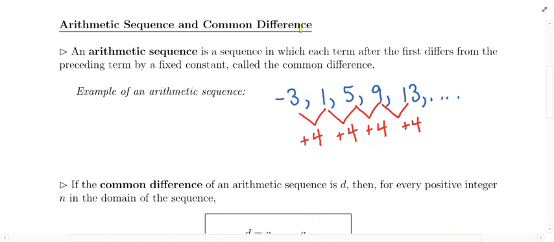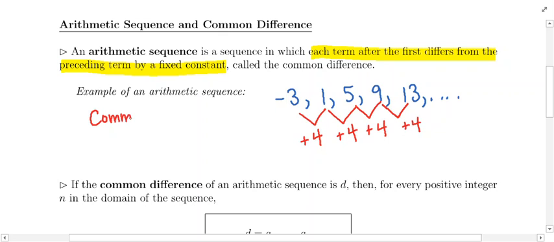Again, each term after the first differs from the preceding term by a fixed constant. In this particular situation, this +4 that we're adding every single time is called the common difference. So here the common difference is +4.